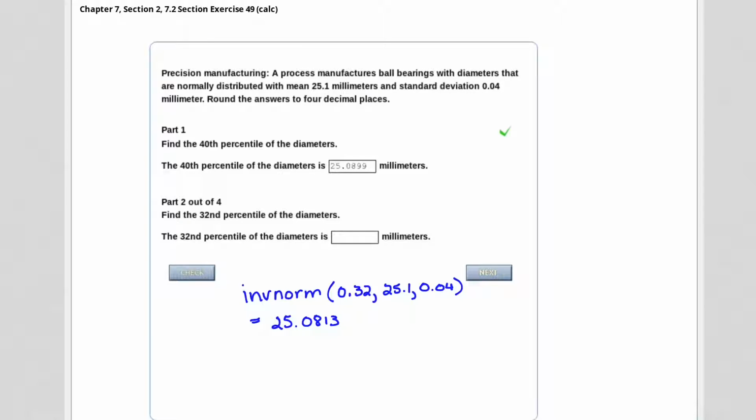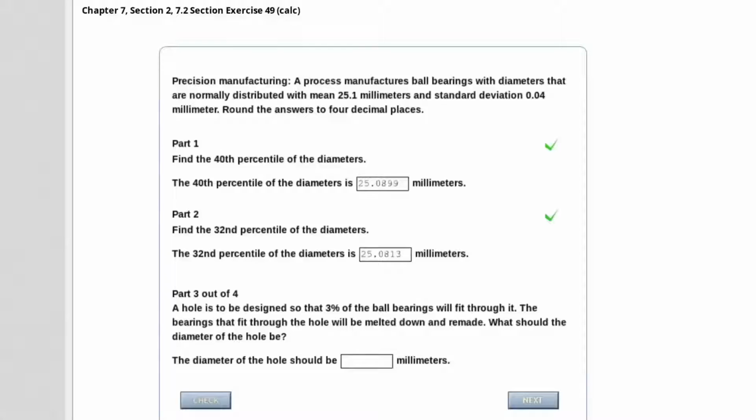So let's take a look at part 3. This problem is a little bit different. Here it says a hole is to be designed so that 3% of the ball bearings will fit through it. The bearings that fit through the hole will be melted down and remade. What should the diameter of the hole be? So we want the lowest 3%. So again, that's going to be 3% on the left-hand side, similar to the percentile type, and I'm going to use the inverse norm function again.